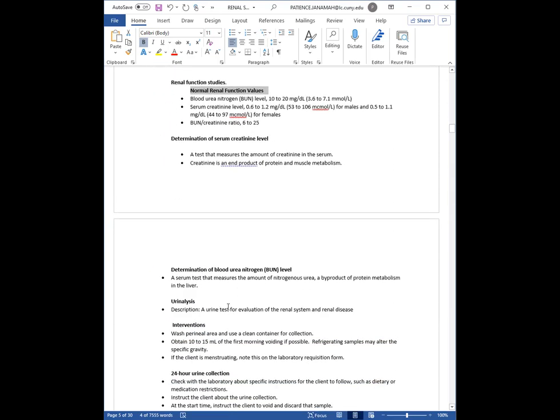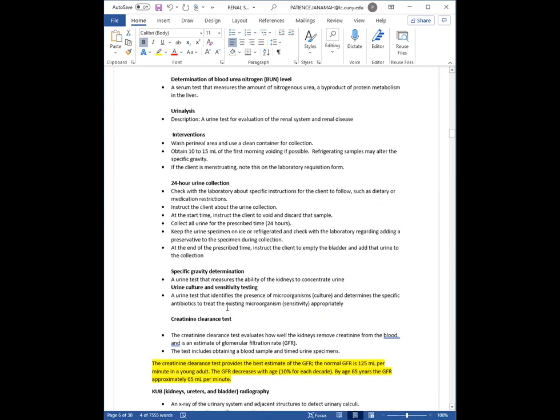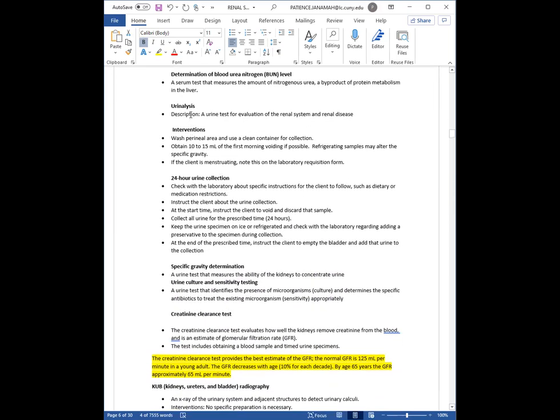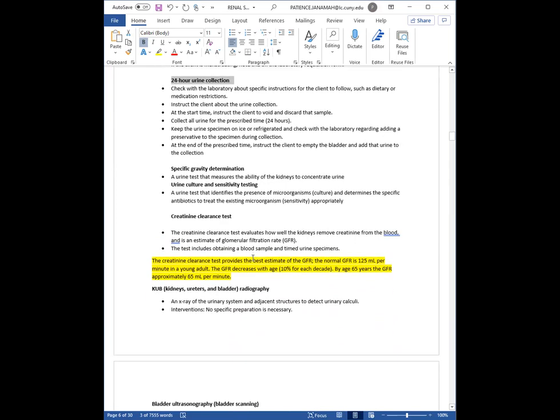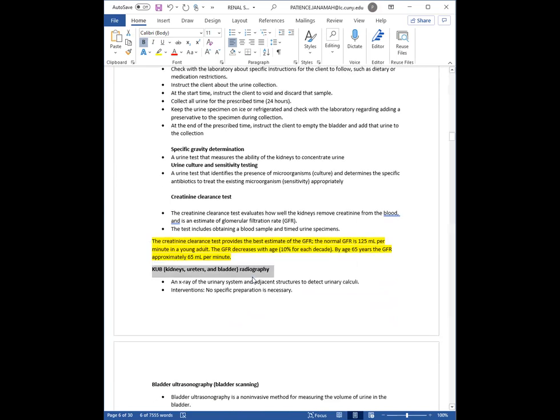Remember urinalysis is urine analysis, that's the other name of it. Then we have the 24-hour urine collection. Then we have the kidney radiography, that's kidney x-ray. So they do x-ray for the kidneys, the ureters, and the bladder.